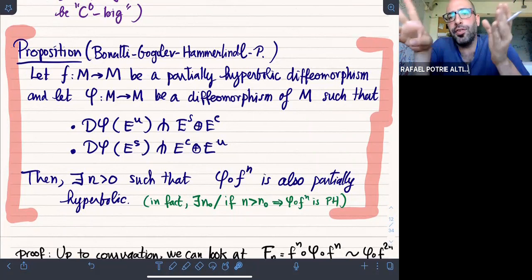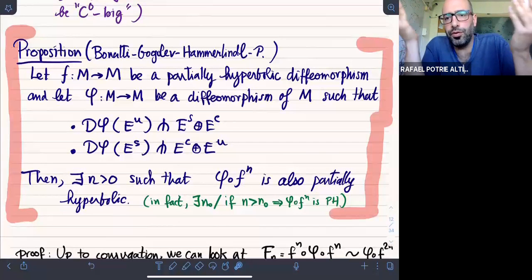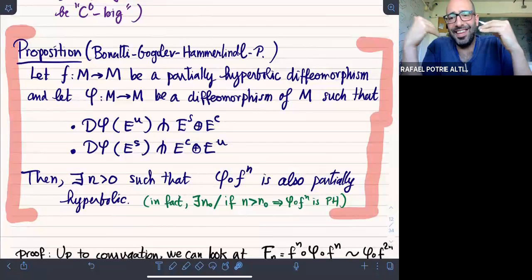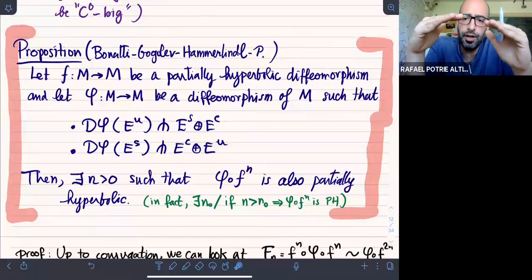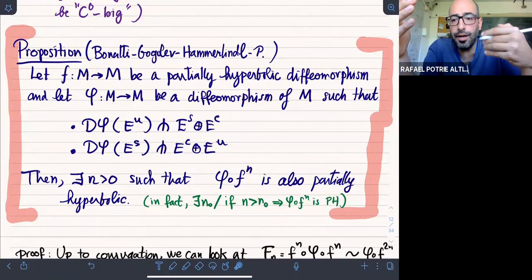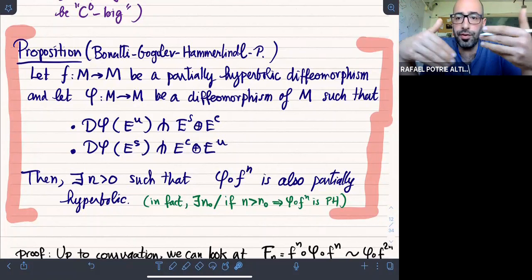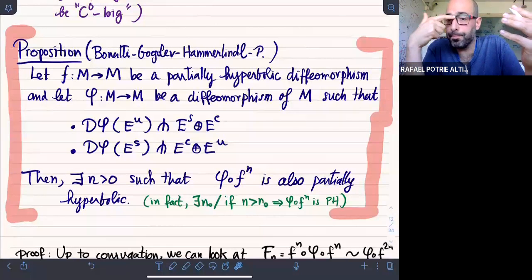And so if you preserve the cone fields by the derivative, then the map will still be partially hyperbolic. So here, instead of using a C0 deformation, the key point is, if you are able to understand very well the bundles of your partially hyperbolic system, then you can decide which diffeomorphisms will preserve the fact that you are partially hyperbolic.